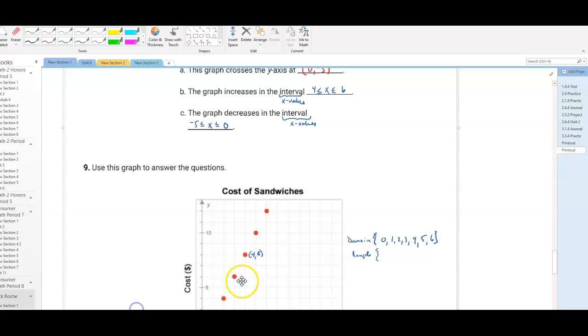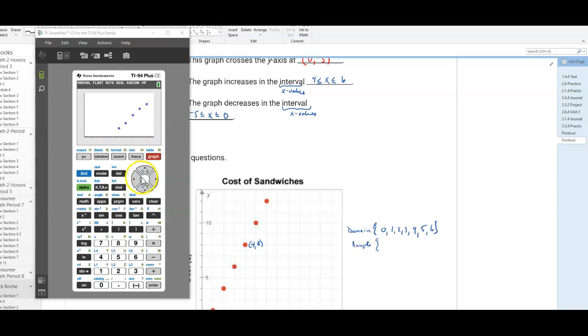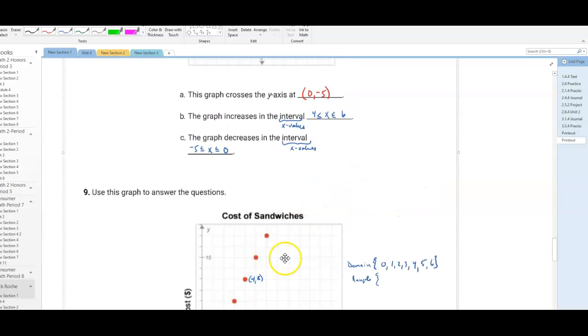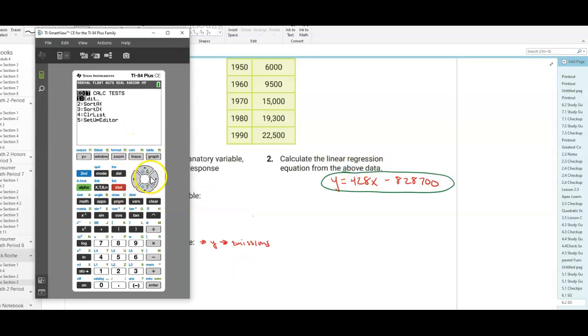So when I graph the scatter plot here, you'll see that these dots line up in a very close linear fashion. The line of best fit for this function would be this equation here, and that's taken straight from the calculator. Again, enter your data, Stat, Edit, Calc number 4, enter, and you get all your numbers here.